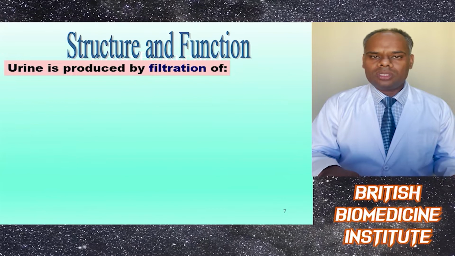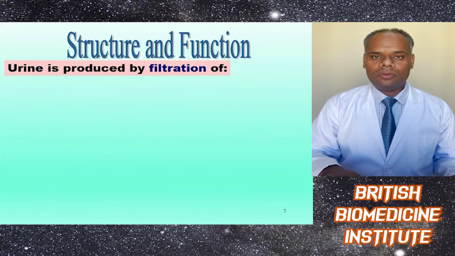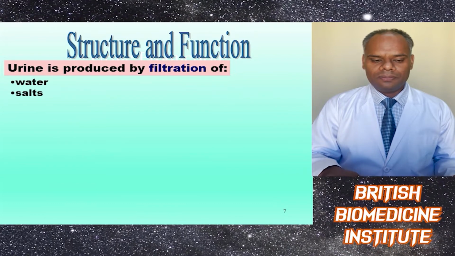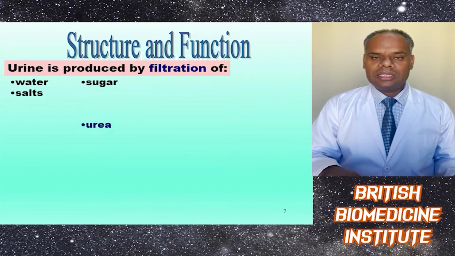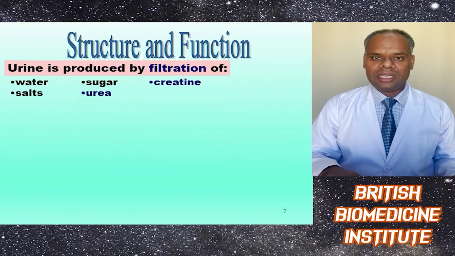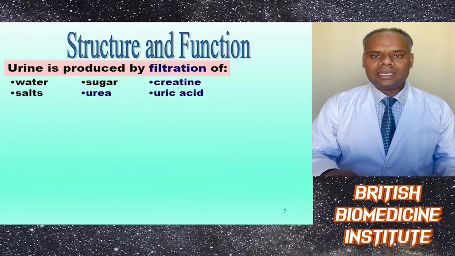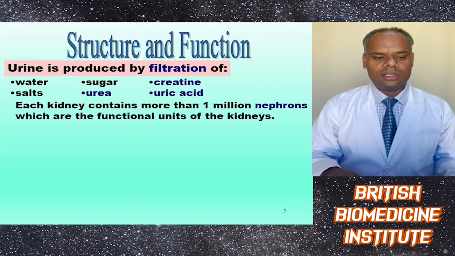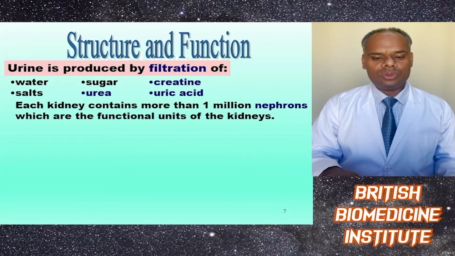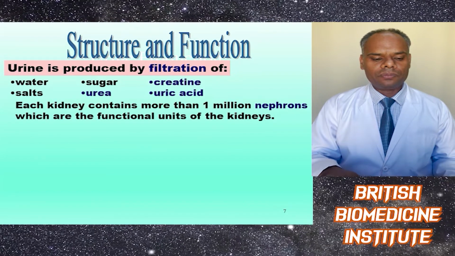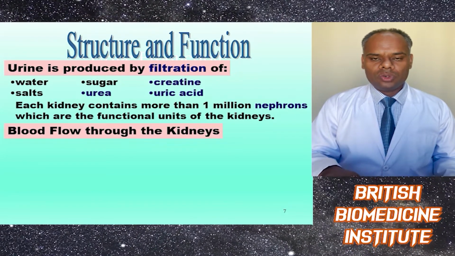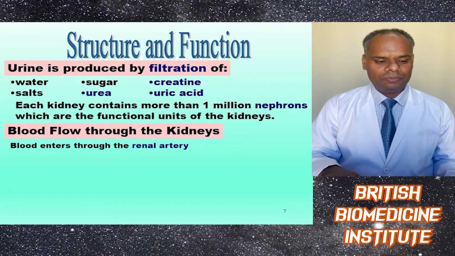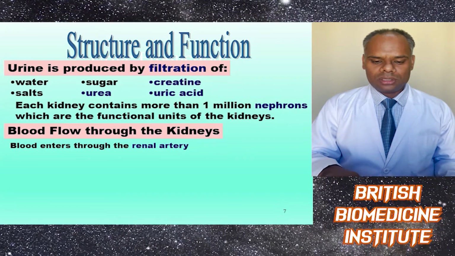Urine is produced by the filtration of water, salt, sugar, urea, creatinine, and uric acid. Each kidney contains more than 1 million nephrons, which are the functional units of the kidney. The blood flows through the kidney and enters the renal artery to the arterioles.